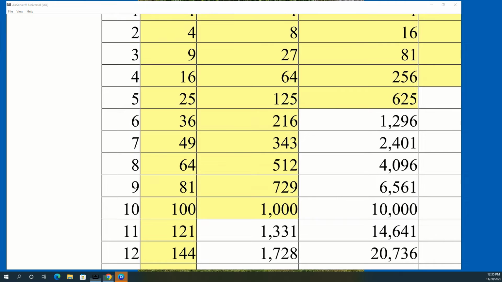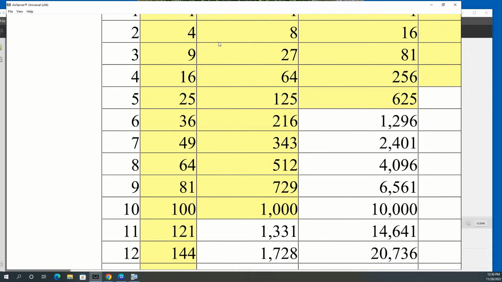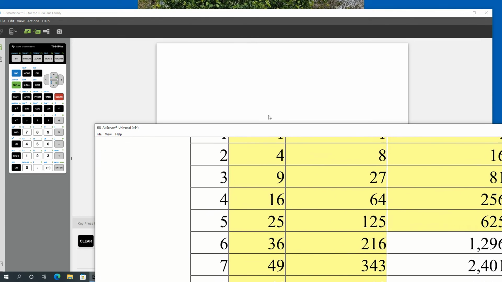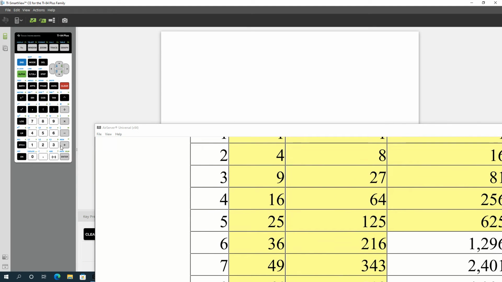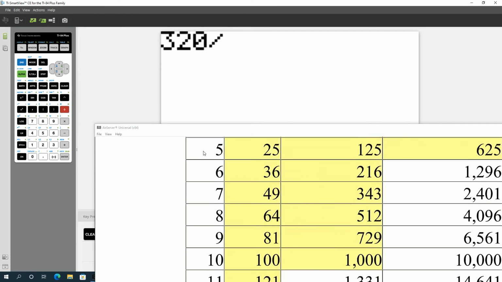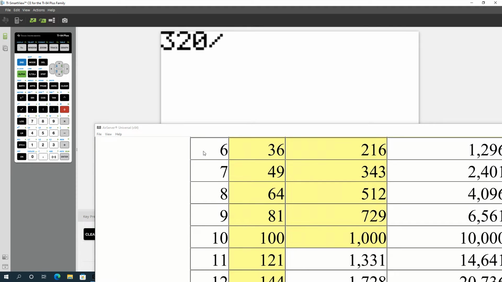Let me get a calculator. So we're just going to take 320 and we're going to start dividing it by perfect squares. And I don't want to start at the top of the list. I want to kind of start in the middle. So if I was just guessing, I know what it is because I did this already. If I was just guessing, I would probably start with 121.